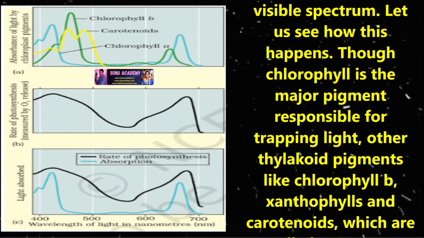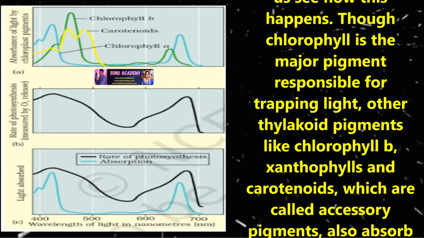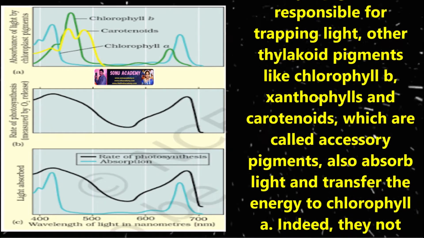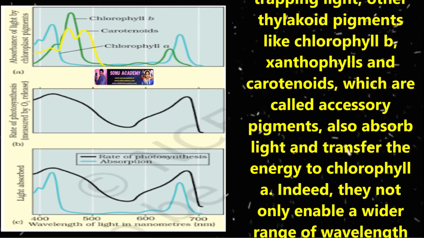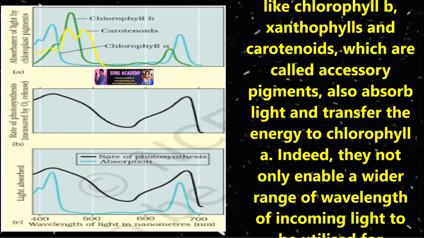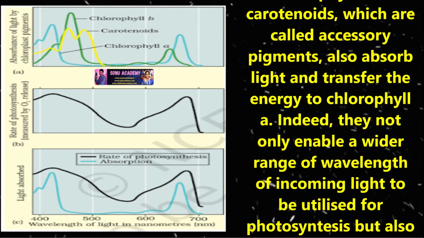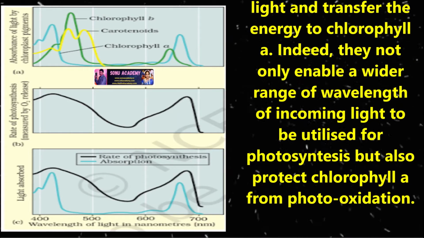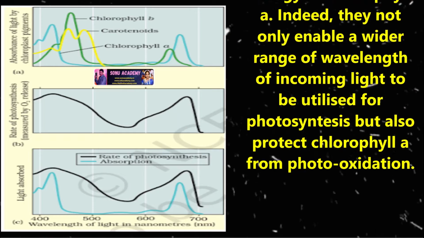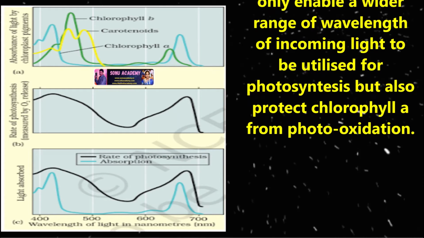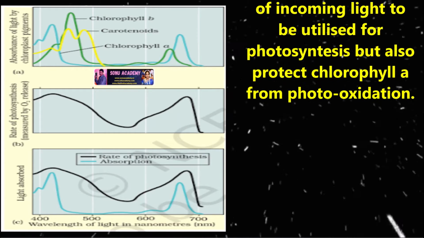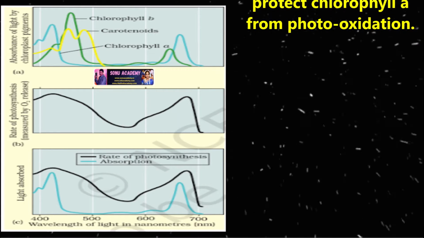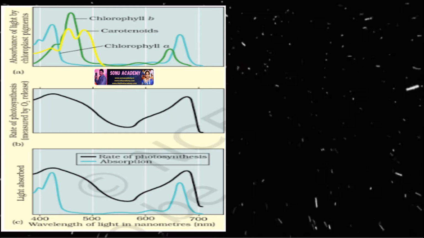Though chlorophyll is the major pigment responsible for trapping light, other pigments like chlorophyll B, xanthophylls and carotenoids, which are also called accessory pigments, also absorb light and transfer the energy to chlorophyll A. Indeed, they not only enable a wide range of wavelengths of incoming light to be utilized for photosynthesis, but also protect chlorophyll A from photooxidation.